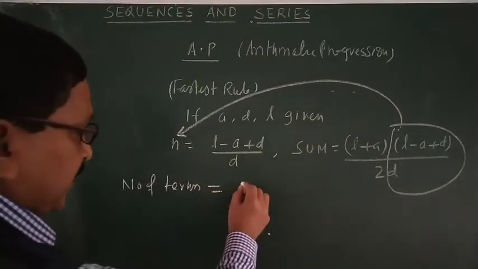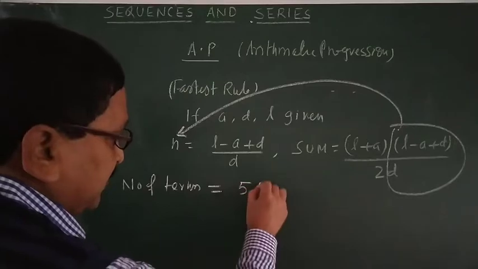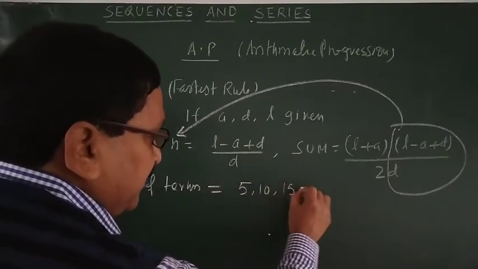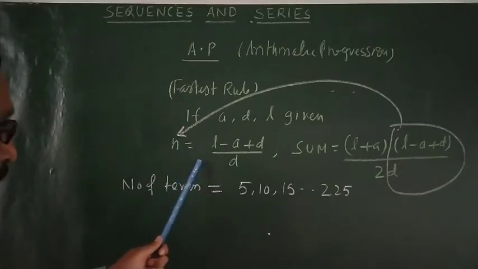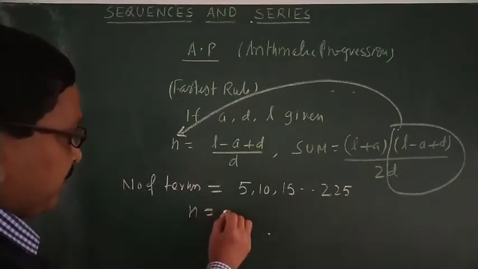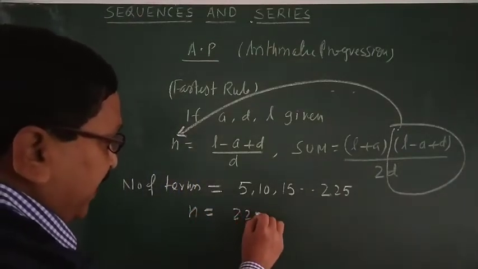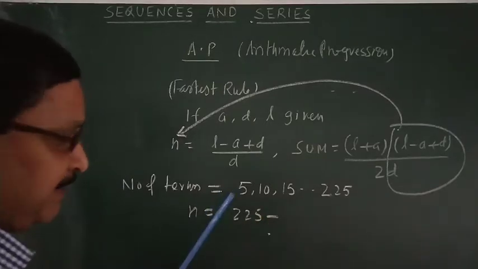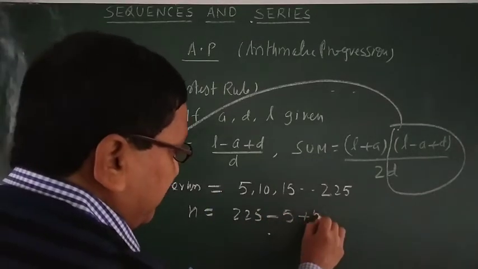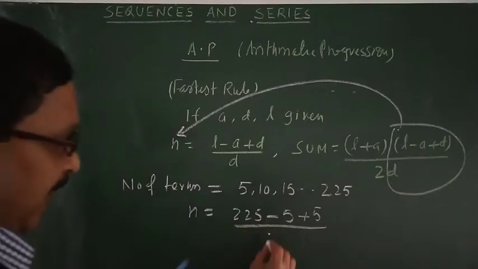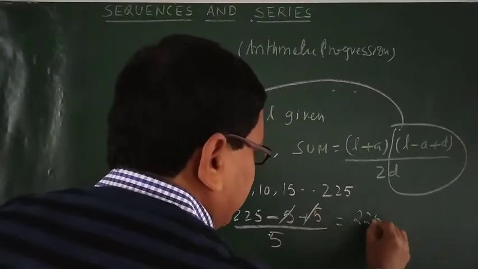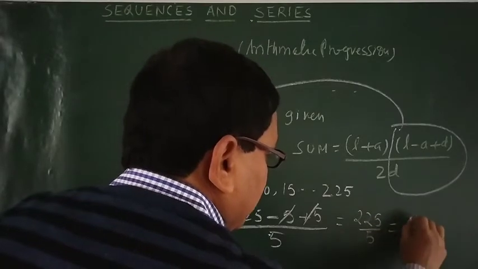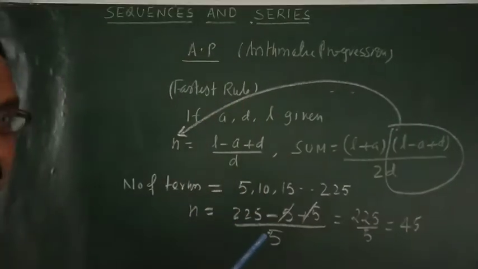Suppose you want to find the number of terms from 5, 10, 15 to 225, then directly you can use this formula. n is equal to L, 225, minus A, 5, plus D, which is also 5, by D, 5. So this is cancelled, and 225 by 5, 45 terms are there.